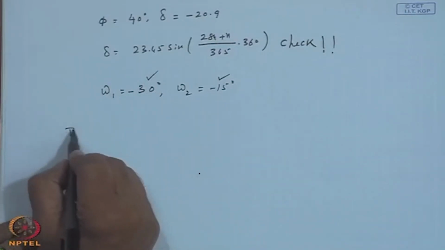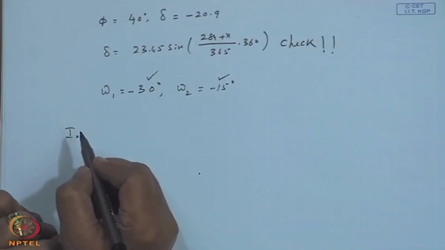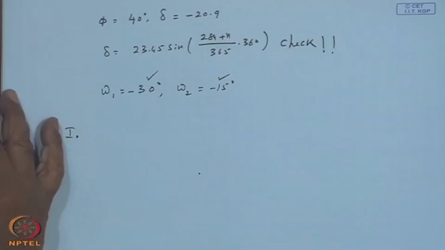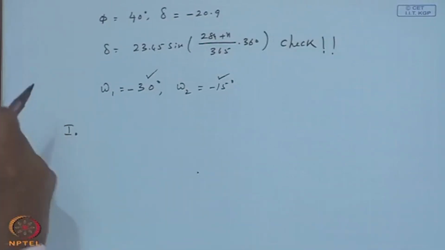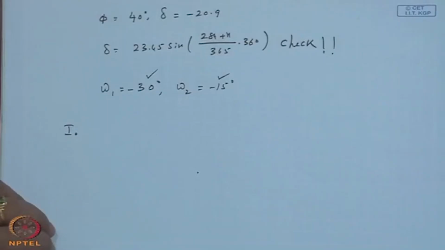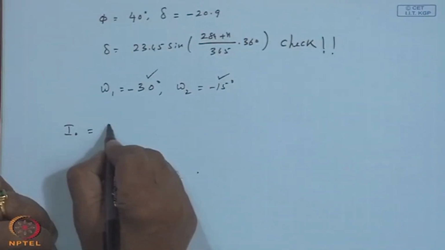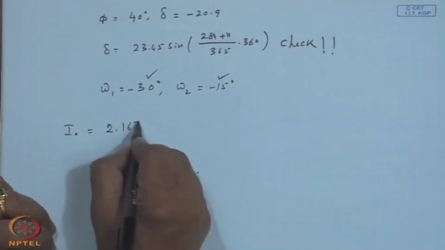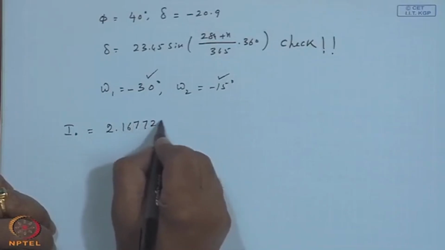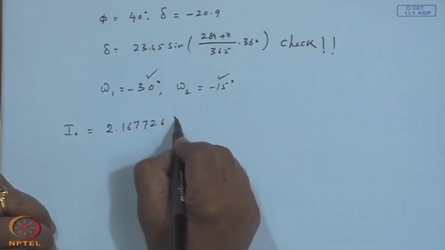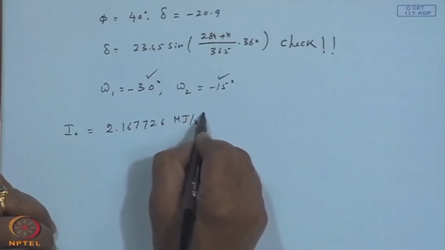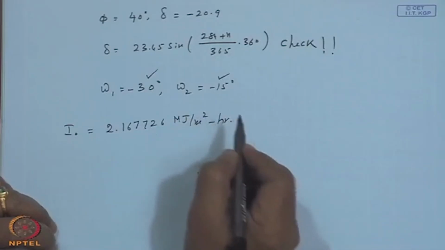So, I 0, if you plug in all these numbers, comes out to be 2.167726 megajoules per meter squared hour.